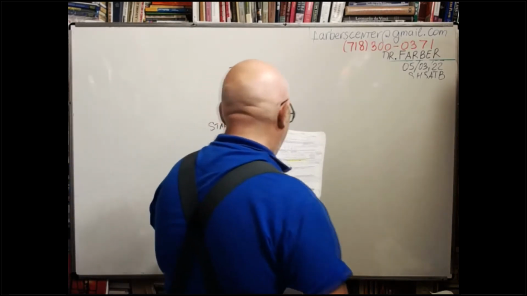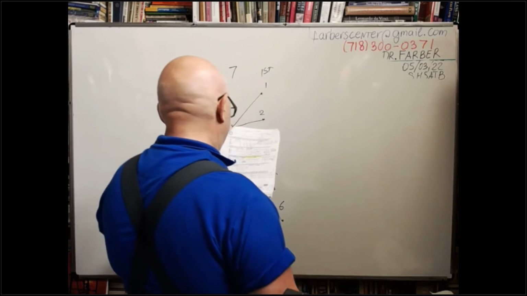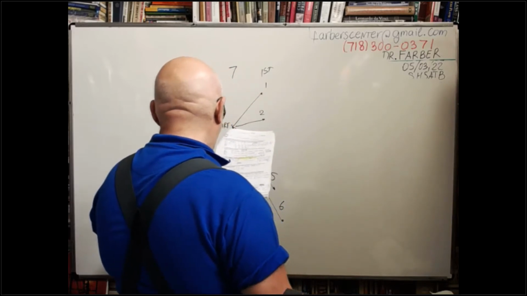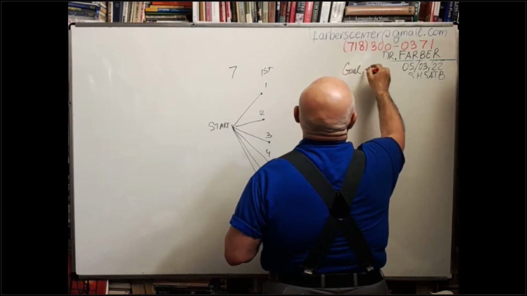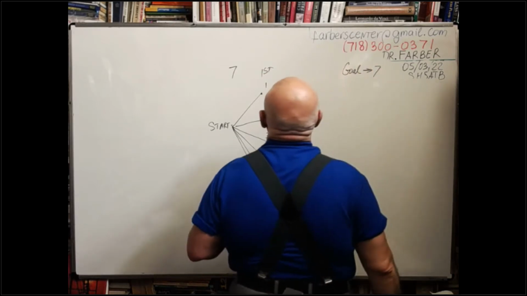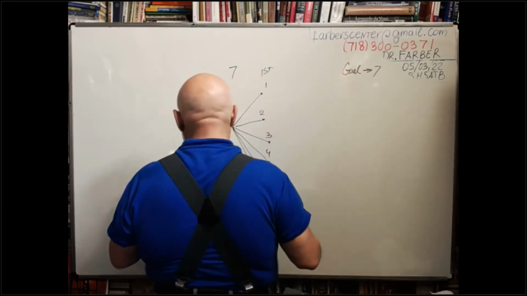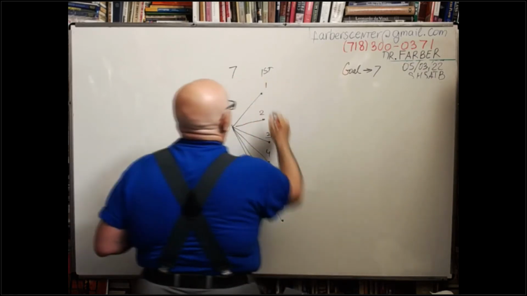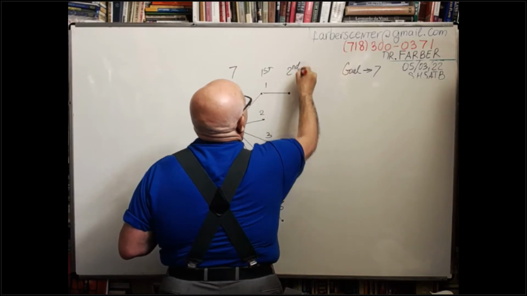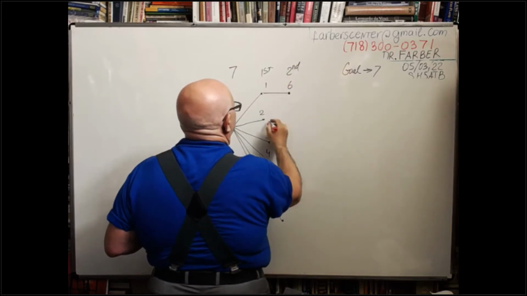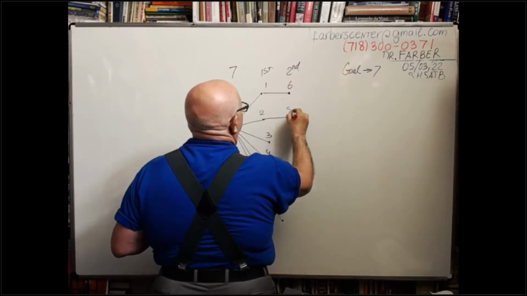How many different outcomes would result in a 7? The goal is to get 7. To get 7, if the first is 1, the second time is supposed to be 6, because 1 plus 6 is 7. This would be 5.